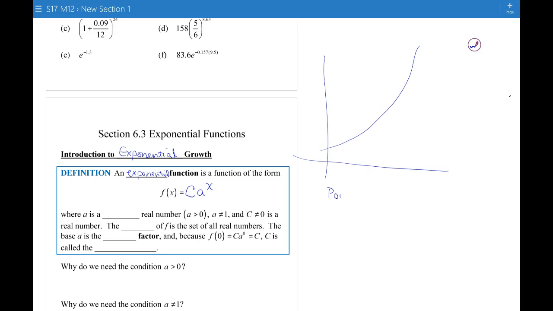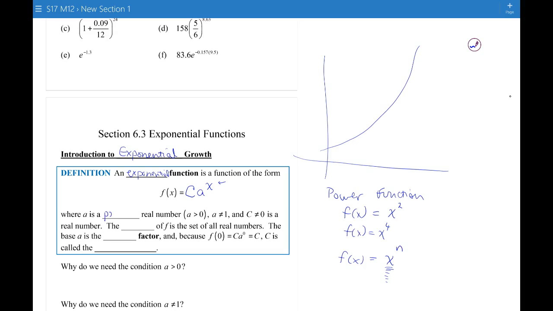So notice how this is different than the power functions. The power function had x to the 2, or x to the 4, or in general, x to the n. But see how the x is the base in a power function, and the x is the exponent in an exponential function.